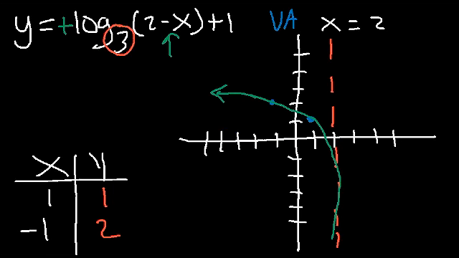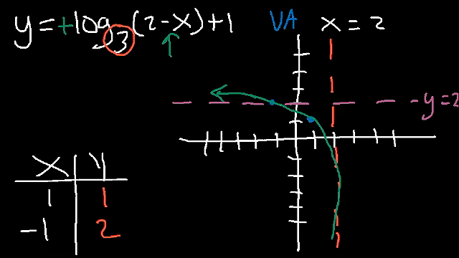Now let's go ahead and graph the inverse function. The vertical line for the original function is x is equal to 2. For the inverse, we need to switch x with y. So the horizontal asymptote is going to be y is equal to 2 for the inverse function. So instead of x is equal to 2, it's now y is equal to 2. Now notice that the point we have is 1, 1.